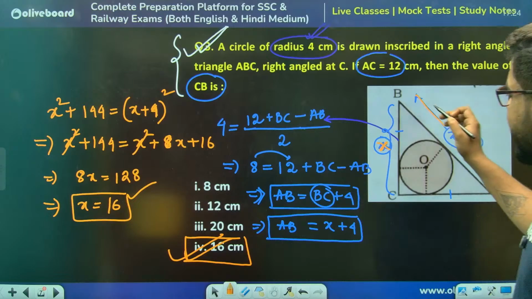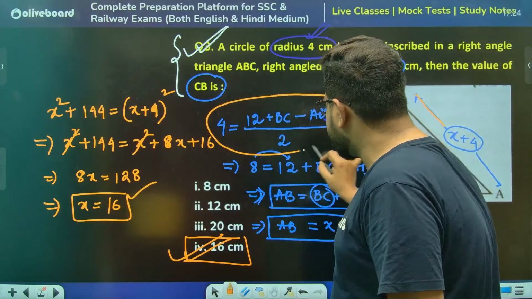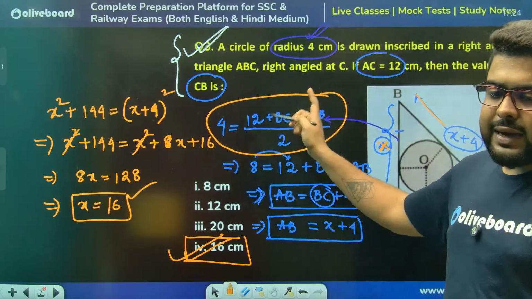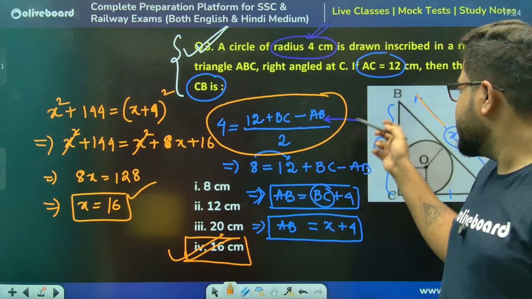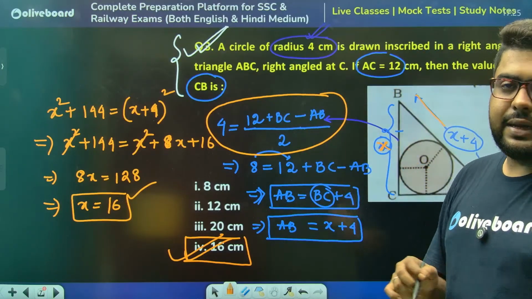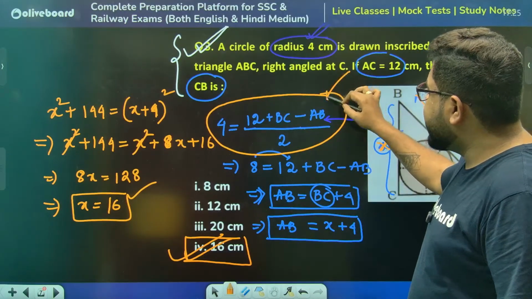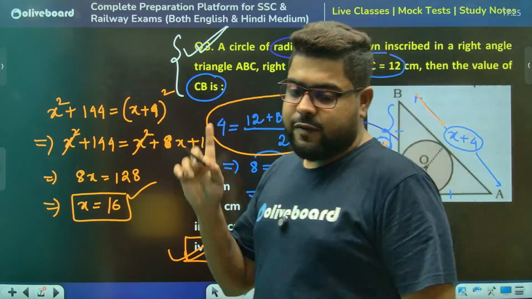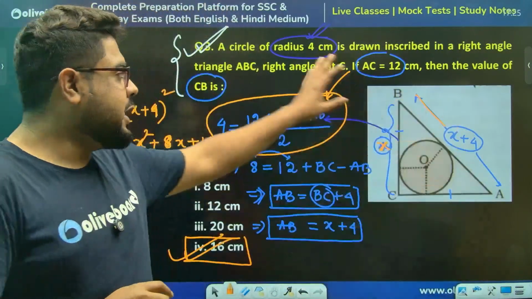Now this is a brilliant question, but again, if you don't know this property about the inradius of any right angle triangle, you are stuck. You cannot proceed even a single line. The first step of this question, you need to know this property.